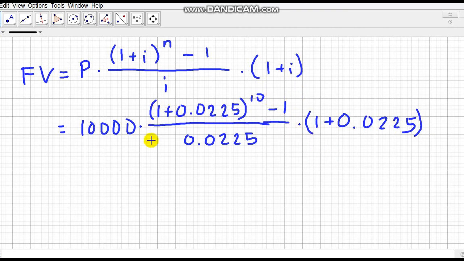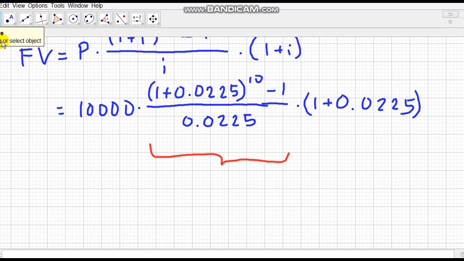Let's start first with the term in the middle. Start by computing the fraction on your calculator, then multiply it by the periodic payment, and afterward multiply it by the last factor. Since you can compute 1 plus 0.0225 mentally, you just multiply it right away by 1.0225. So on our calculator, we begin with 1 plus 0.0225, then raise it to 10, subtract 1, then divide by 0.0225.